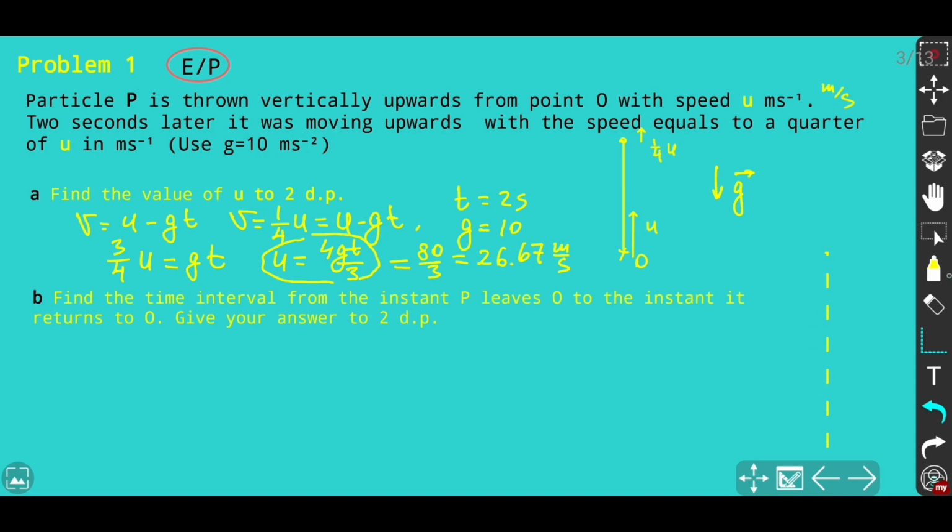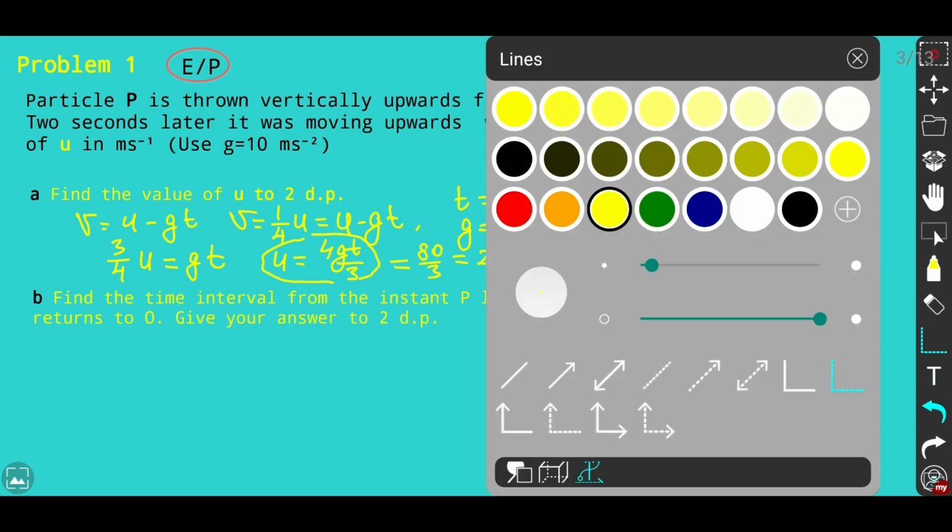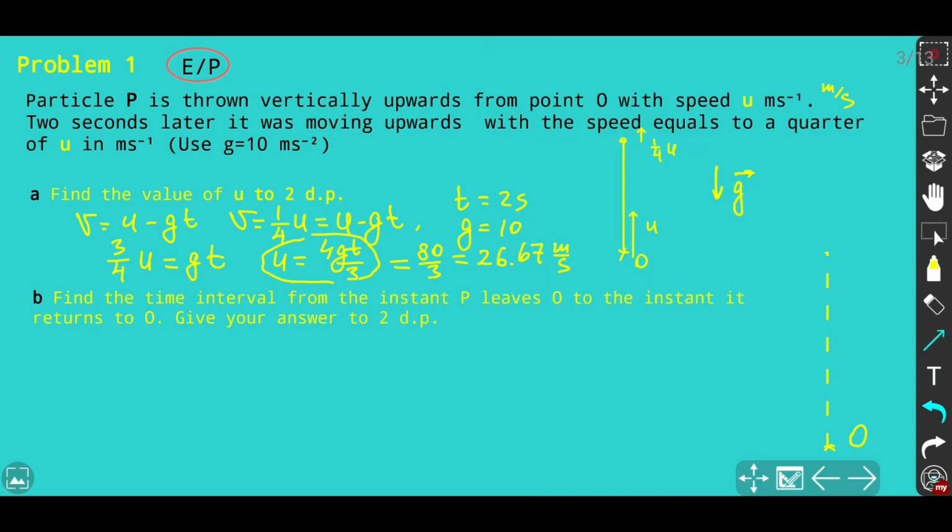Here is the point O. It starts from here with the initial velocity that we found before, and after reaching the maximum height where the velocity is 0, it goes backwards. Since there is no air resistance, it comes back to point O with the same speed, but directed downwards.